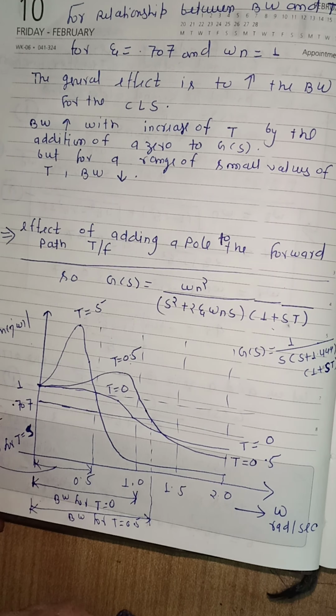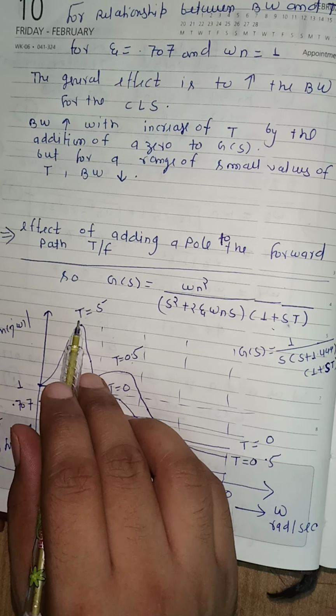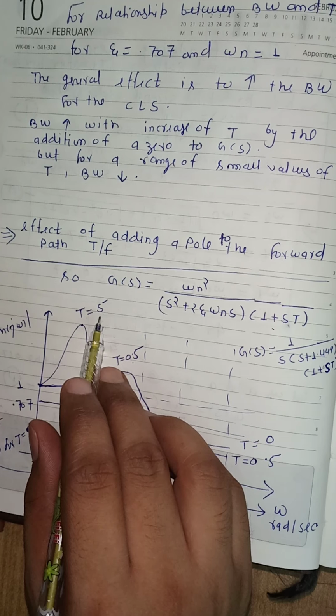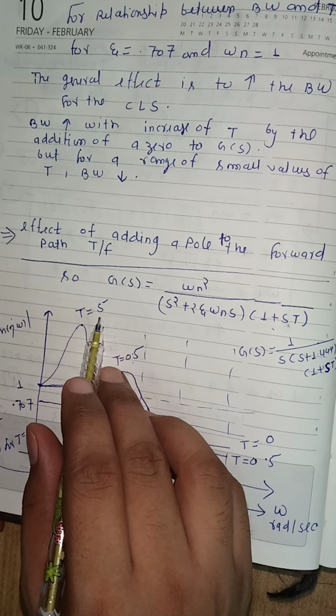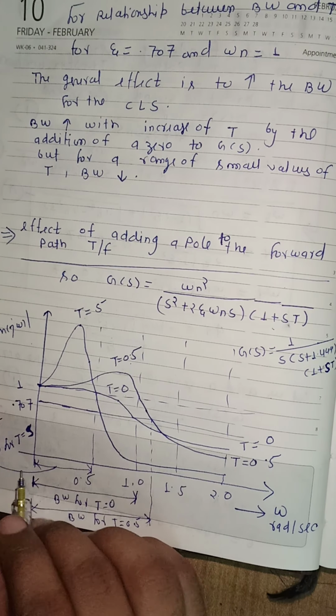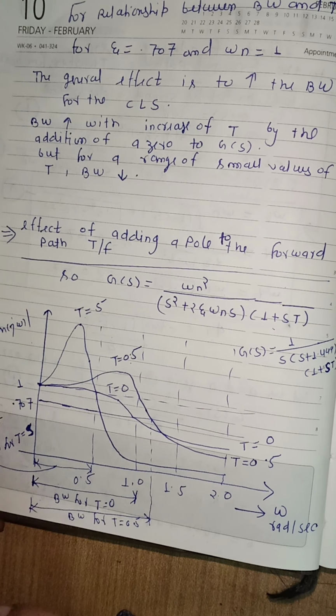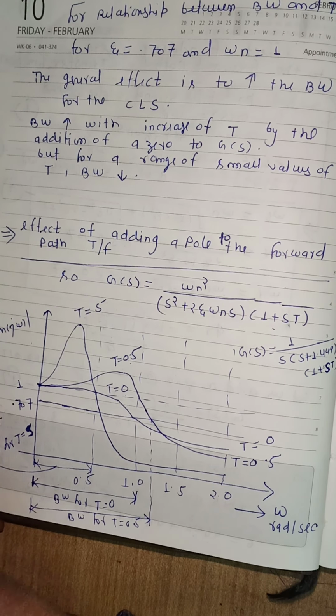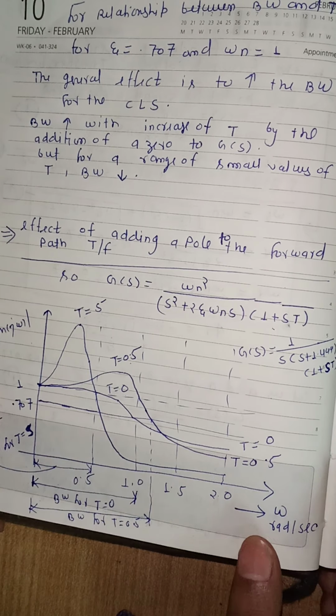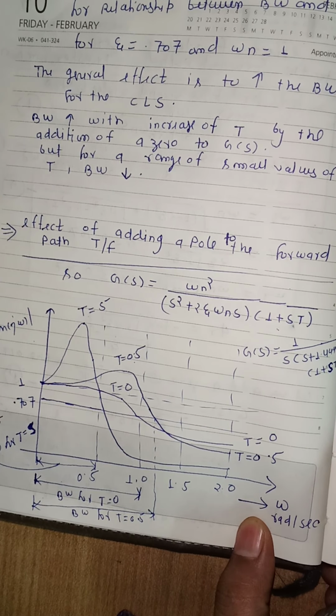But when we consider a large value of capital T, let us say 5, the bandwidth of the system will decrease, but the resonant peak for the system will increase. So this is the effect on bandwidth for the system after adding a pole to the forward path transfer function.